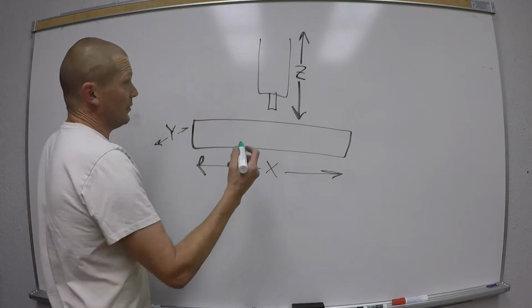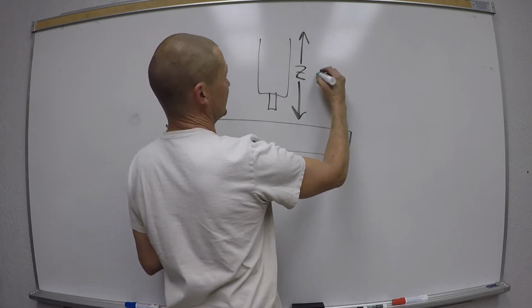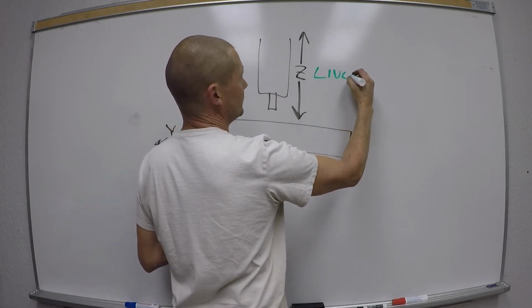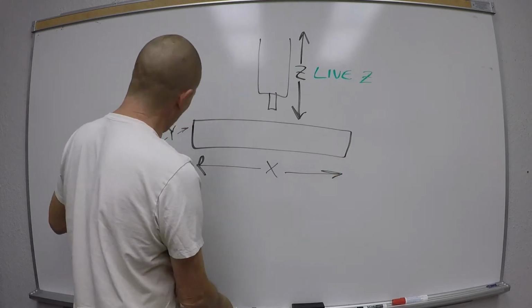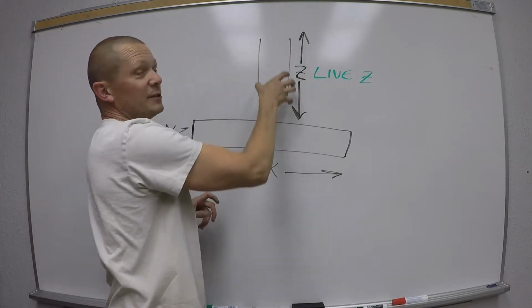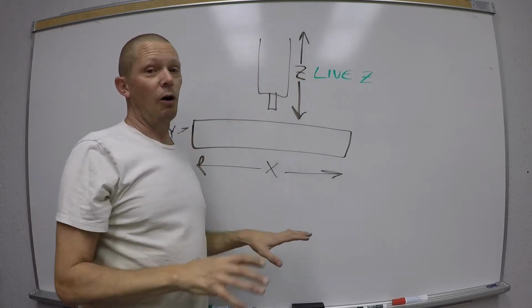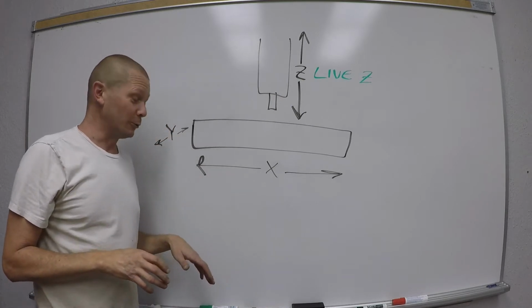This is called a live Z, because now not only are X and Y moving, but Z is moving up and down too, all at the same time. So now it's starting to get really cool.